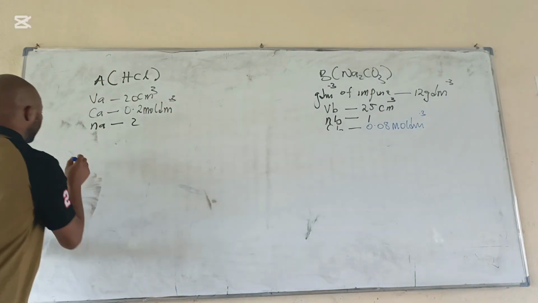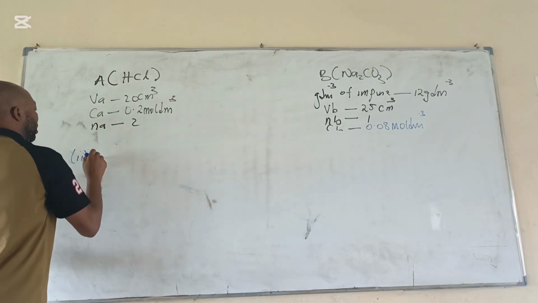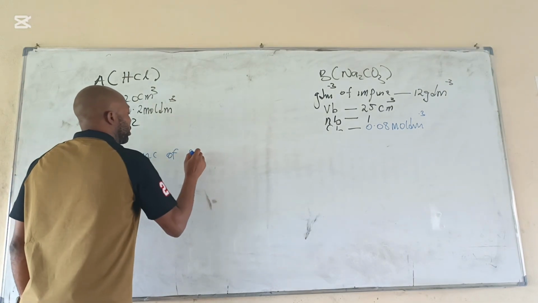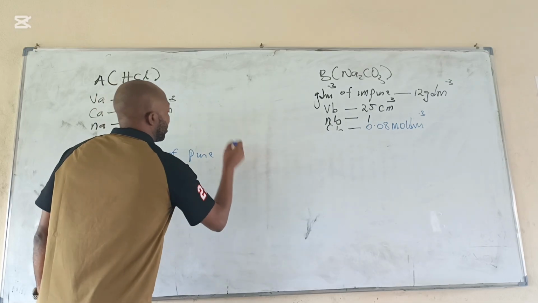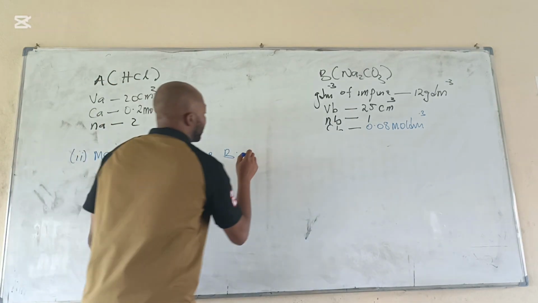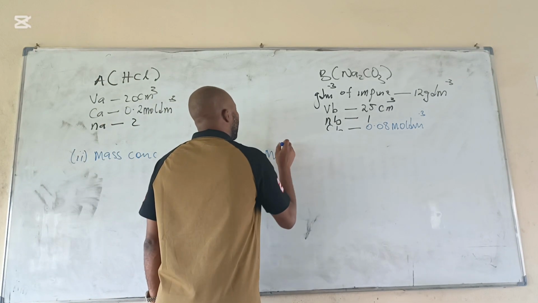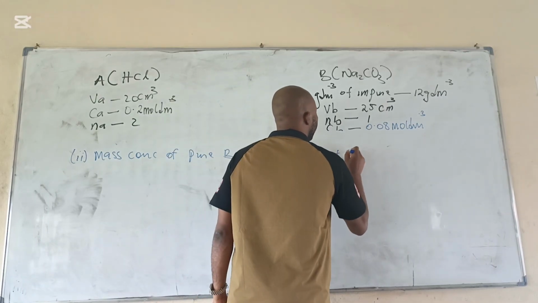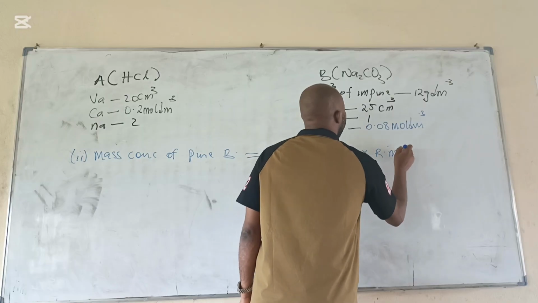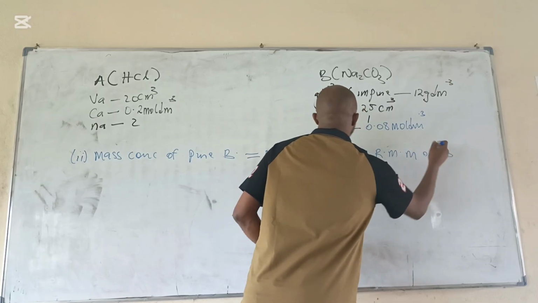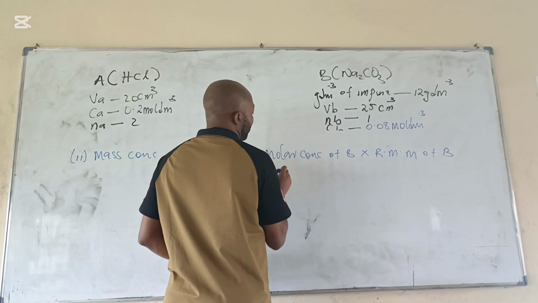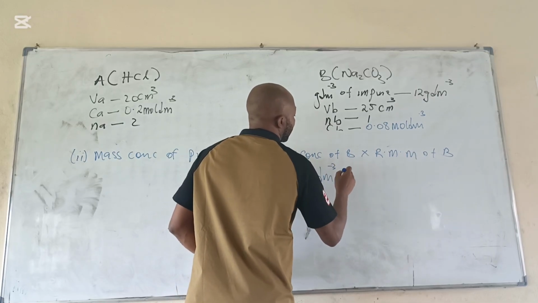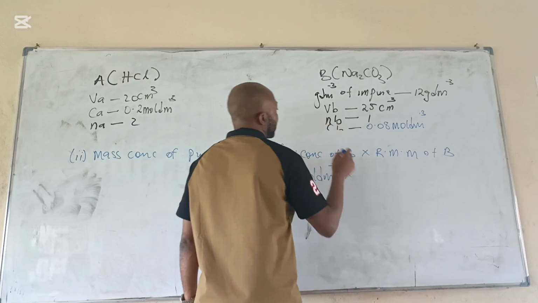Now, 2, mass count of pure B. We can get that by saying this is equals to molar count of B times relative molecular mass of B. The molar count is 0.08 mole per dm³ times the relative molecular mass of base.